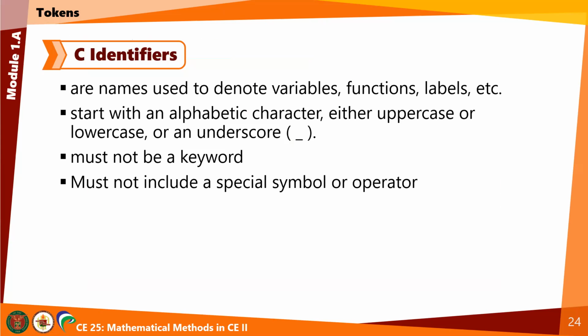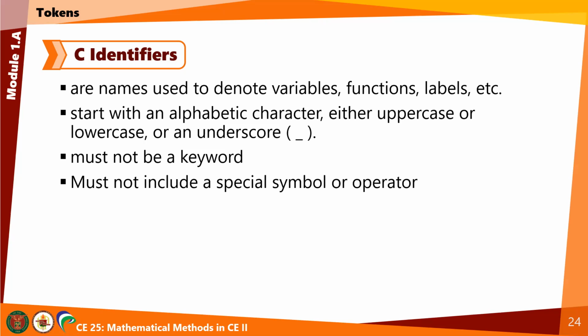See identifiers. Okay, so identifiers can be variables, functions, labels, etc. One rule of an identifier is that it should start with an alphabetic character, either uppercase or lowercase, or an underscore. So it cannot start with a number. I think yun lang yung isang very prominent rule.